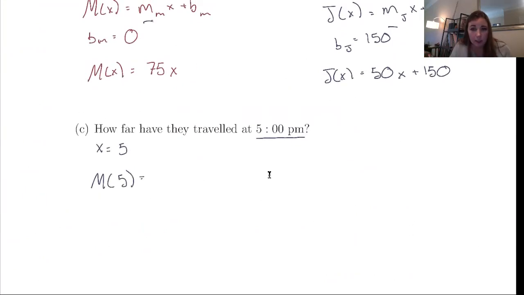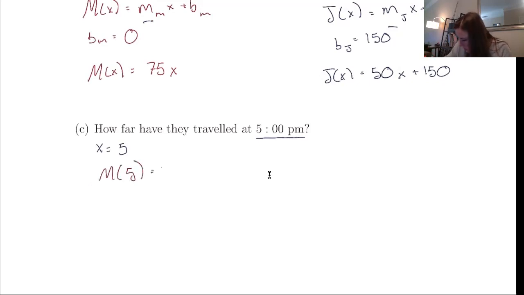That's the really great thing about function notation. Instead of saying y sub m for the output of Mary, it's really nice to use function notation because I can say this is Mary's distance after 5 hours, all in one thing. M of 5, there we go.